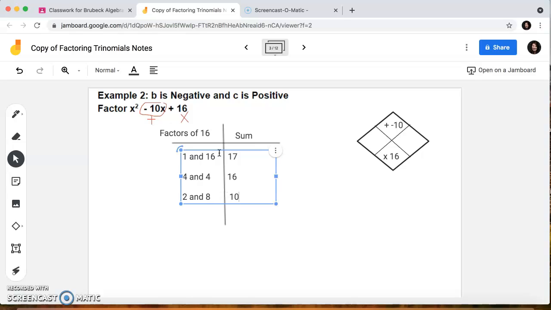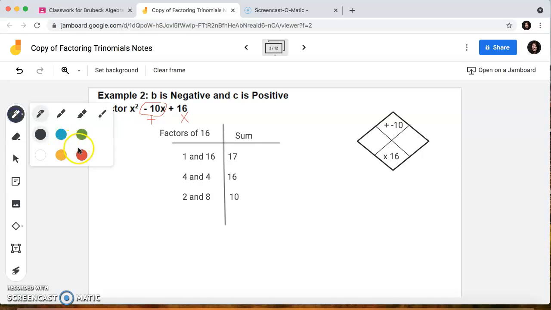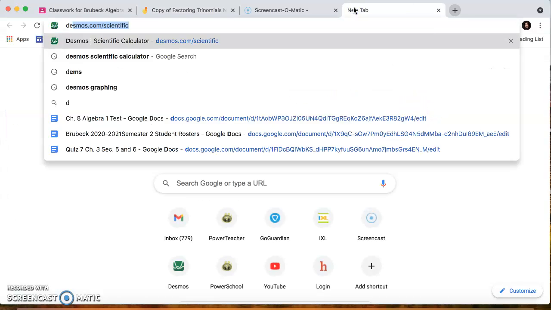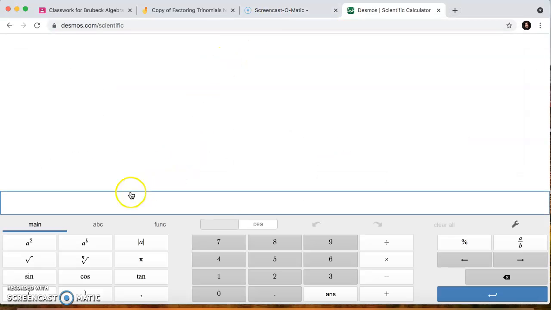Now the 2 and the 8 is close, but notice how we're trying to get a negative 10. So just a quick review, 2 plus 8 is 10, and 2 times 8 is 16, it's a positive. But if you also do negative 2 times negative 8, you're going to get 16.